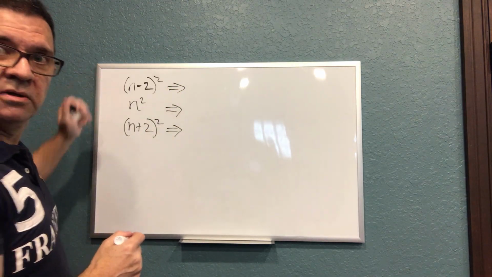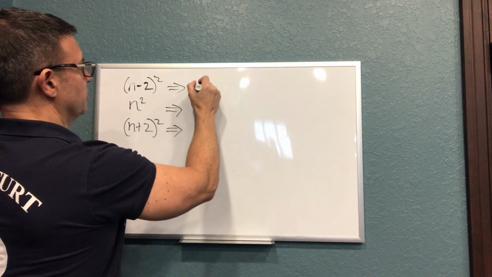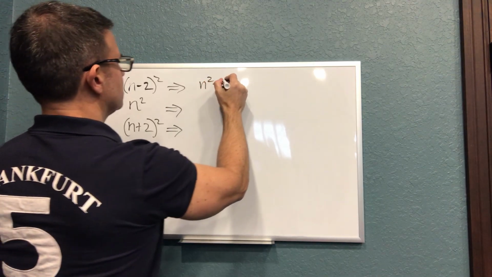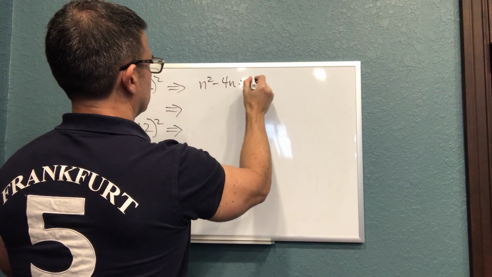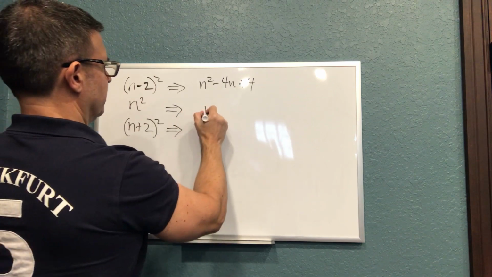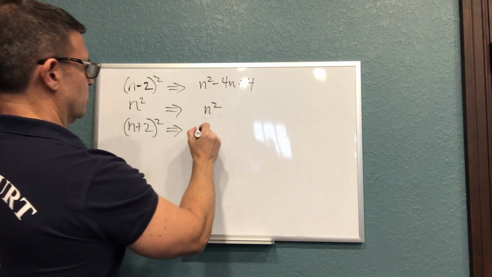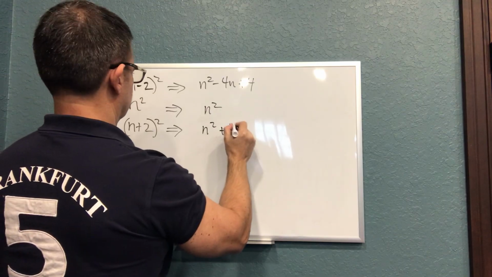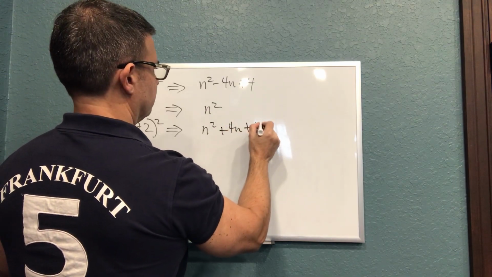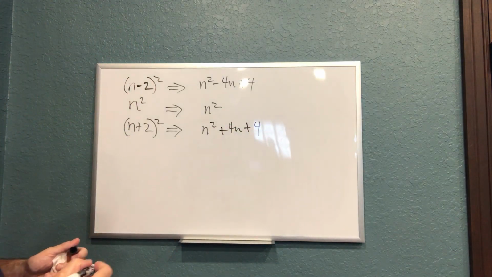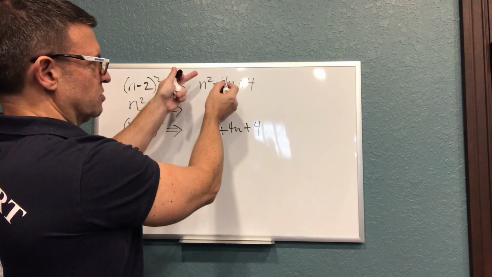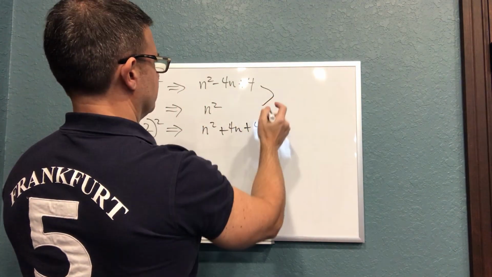Well, the first one, just using typical FOIL, would be n squared minus 4n plus 4. The next one would just be n squared. And the next one would be n squared plus 4n plus 4. So let's look at the differences then. If you take this and you subtract this, what do you get?